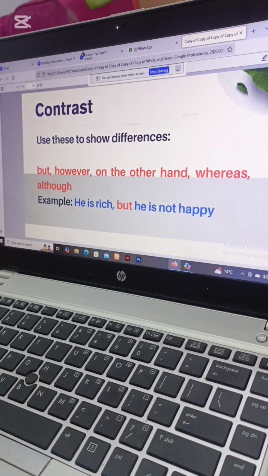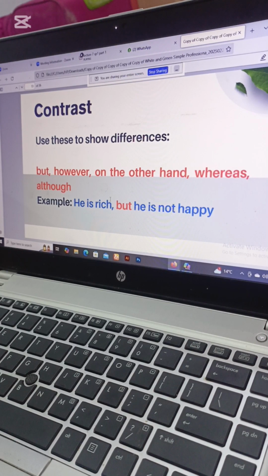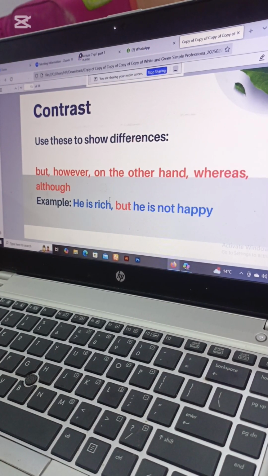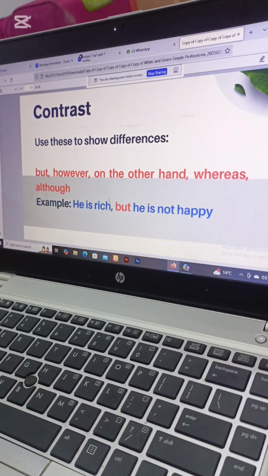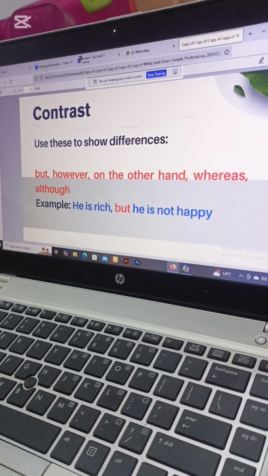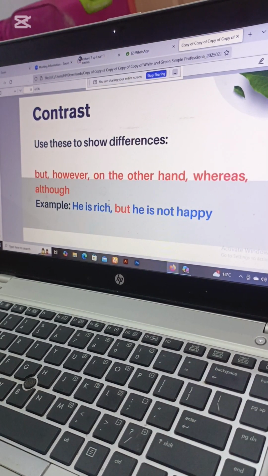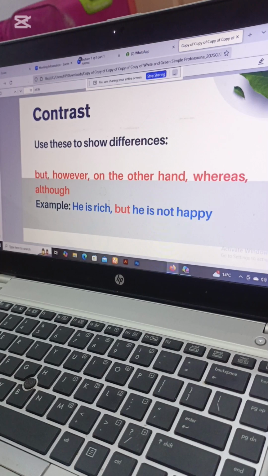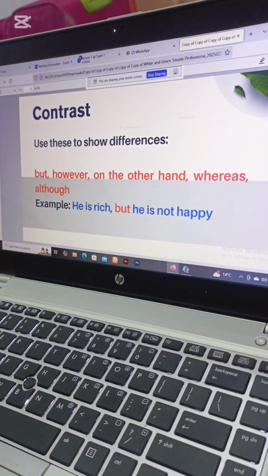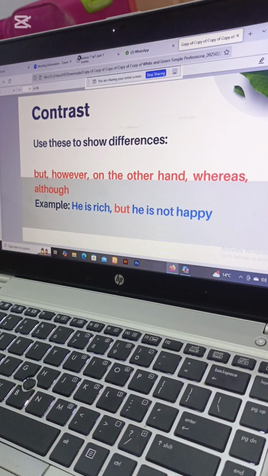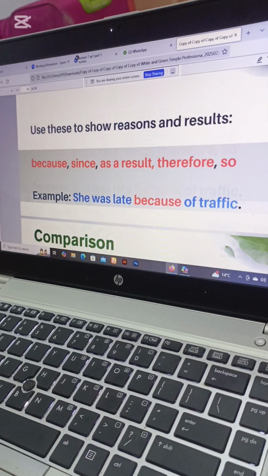Whereas. Okay, whereas, good. And the last one? Although. It's although. Okay, we will use those later.